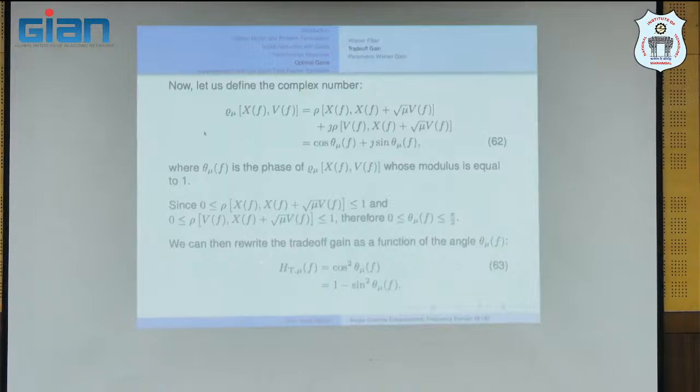And we see that we can obtain the trade-off gain as cosine square of theta, just like we did with the Wiener gain. So it's just like an extension from the Wiener, where mu equals 1, to trade-off. The parameter mu controls the trade-off between noise reduction and signal distortion.